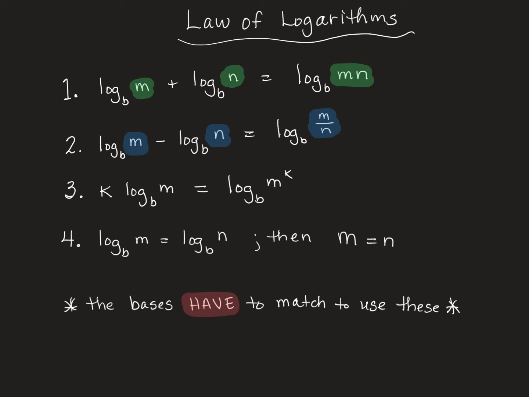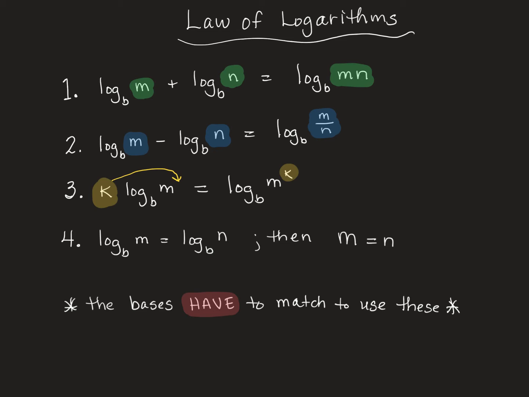The third law states that if something is written in front, so this k here is written big, notice how that k comes up and goes here. It goes to the exponent. You see where it goes from being written in the front to up in the exponent spot.